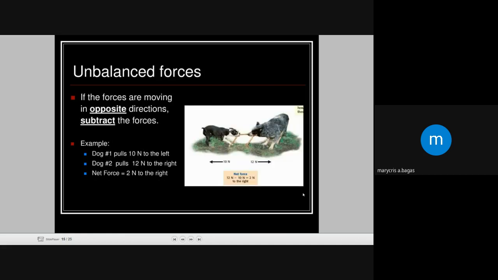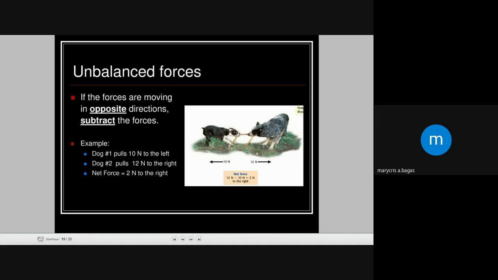Look at this, another example of unbalanced force. If the forces are moving in opposite directions, subtract the forces. Don't forget, if the forces are in opposite directions, subtract, or minus, right? Dog number 1 pulls 10 newtons to the left.